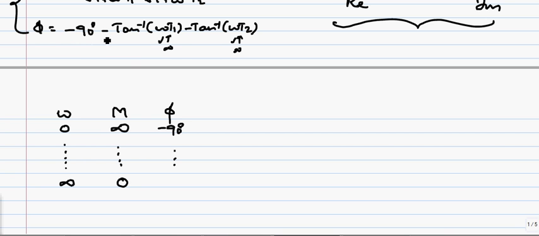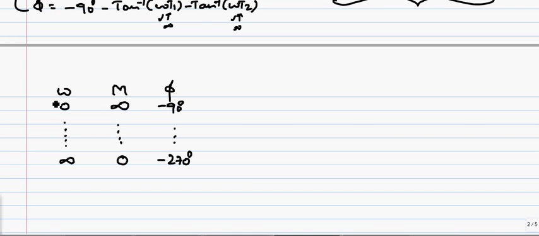So we have 3 times 90 degrees. It will be minus 270 degrees. Okay. So if you look at this tabular form, if you change omega from 0 to infinity, the magnitude value is decreasing monotonically, and the phase angle is also changing monotonically from minus 90 degrees to minus 270 degrees.